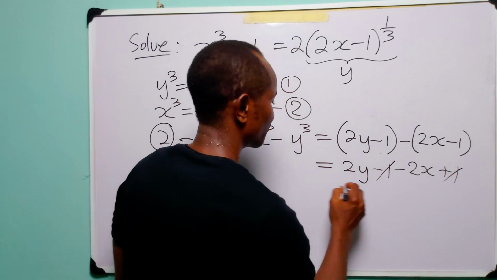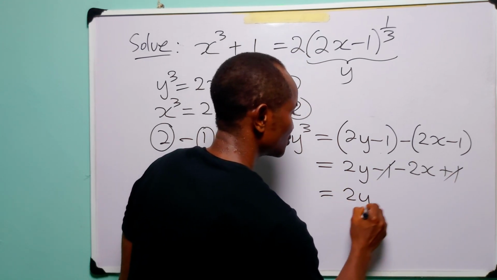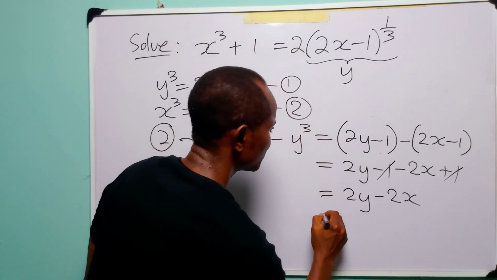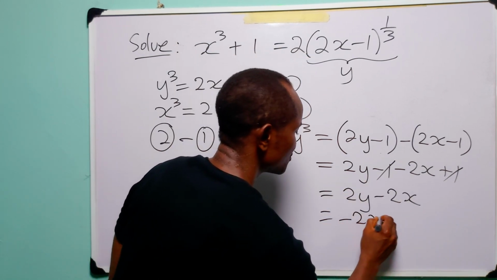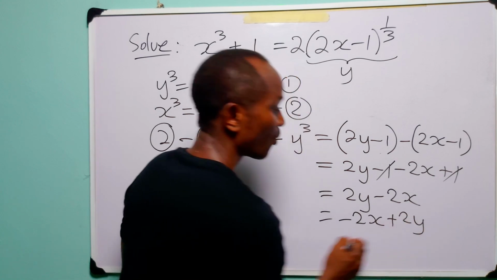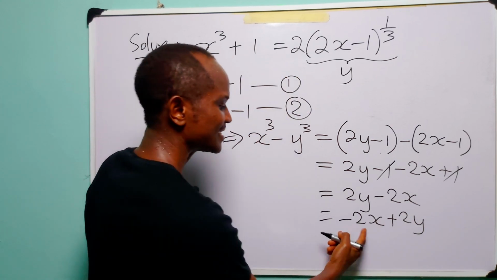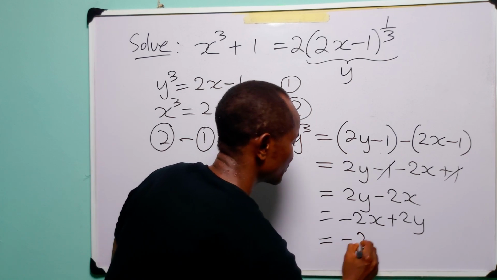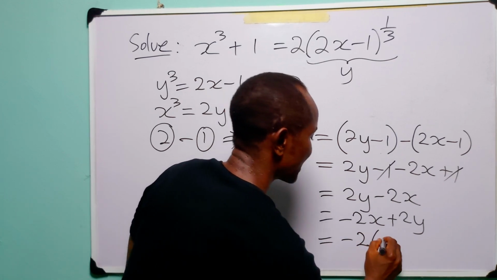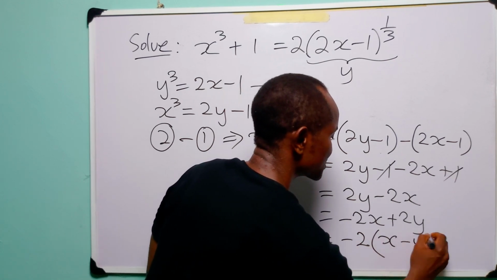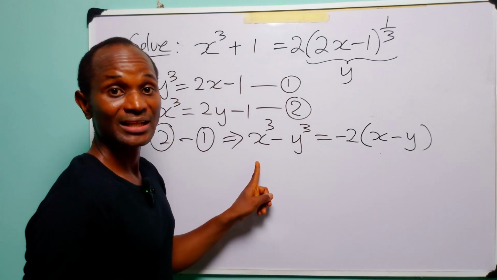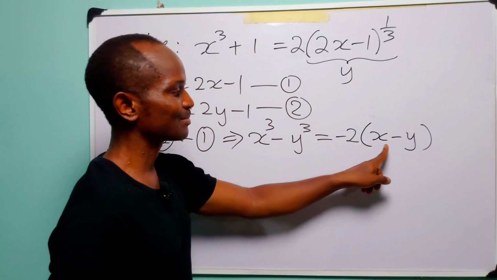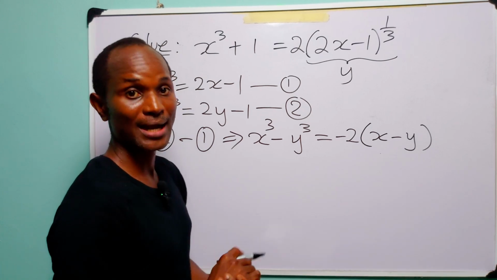Minus 1 takes care of plus 1, and we have 2y minus 2x. We can also write this as minus 2x plus 2y, and we can factorize minus 2 out of this expression to give us minus 2 multiplied by (x minus y). So we have that x cubed minus y cubed is equal to minus 2 multiplied by (x minus y).